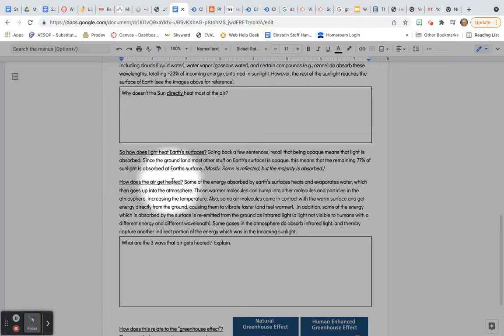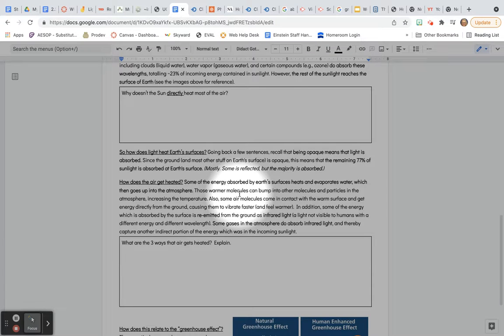How does the air get heated? Some of the energy absorbed by Earth's surfaces heats and evaporates water, which then goes into the atmosphere. This might turn into a cloud, or it might just be water vapor in the air, which we call humidity.